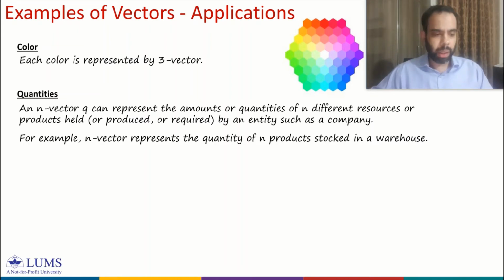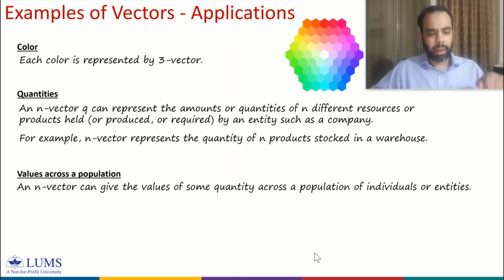Another example would be a vector can represent values of some variable across a population. It simply means you have a vector of size n, and that can give the values of some quantity across some spatially distributed population of individuals or entities.